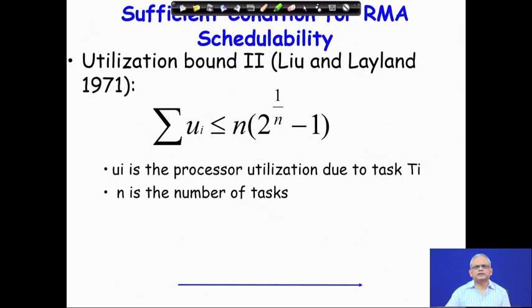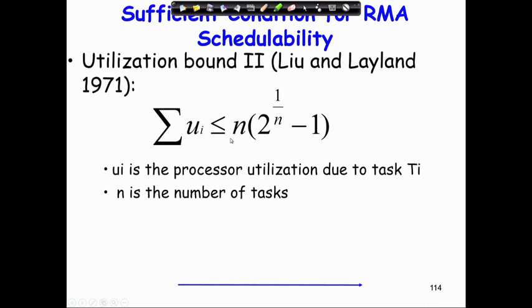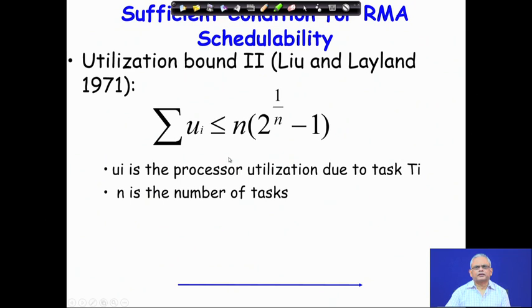The second result is again a utilization bound, available for a long time. In 1971, Liu and Layland proposed in a landmark paper that the utilization bound should be less than n into 2 to the power 1 by n minus 1 for a task set to be schedulable.